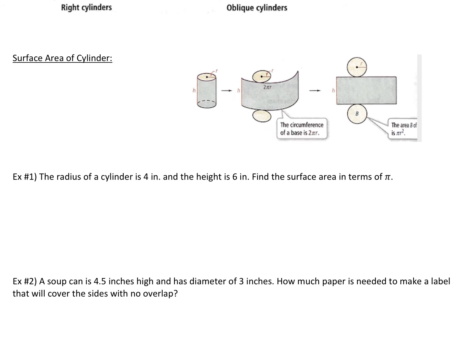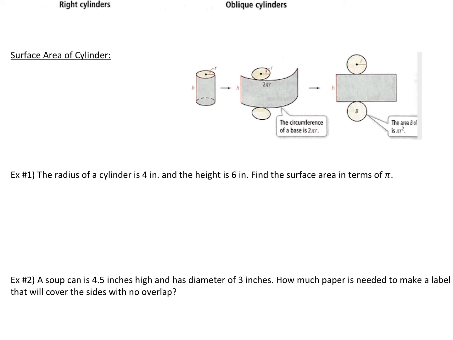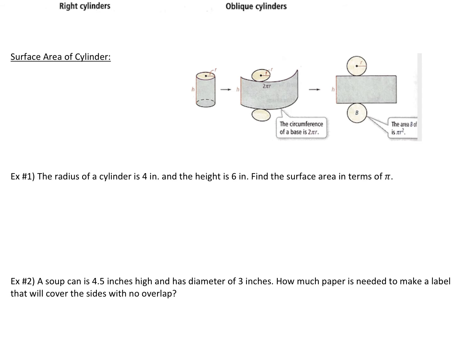Okay, so take a look at this picture. When we find the surface area of a cylinder, we're saying the area of every surface of that cylinder. But if you think about a soup can or just any cylindrical object, if you were to cut on the edge of that cylinder and then open it up, okay, so think about the wrapper of a soup can.